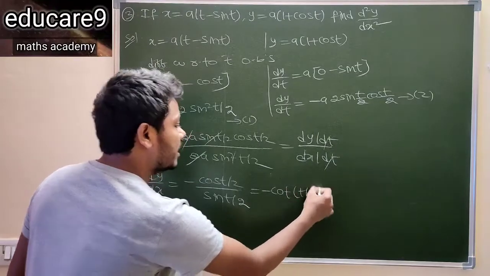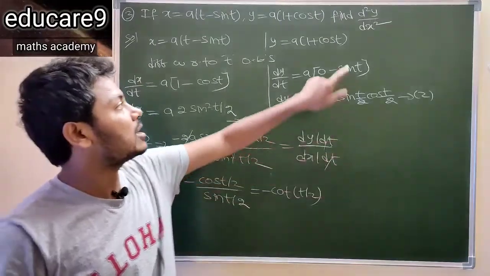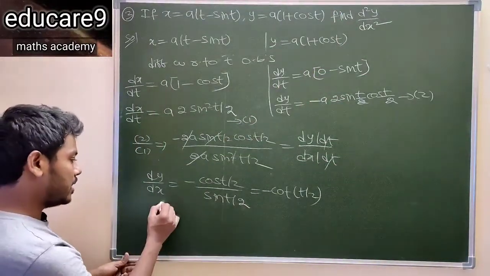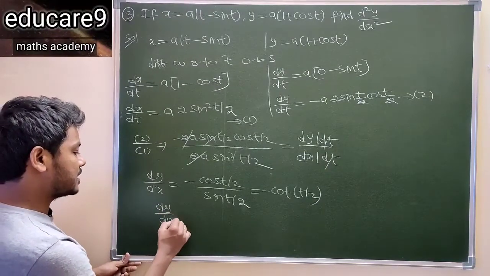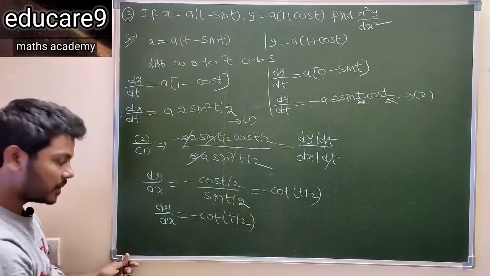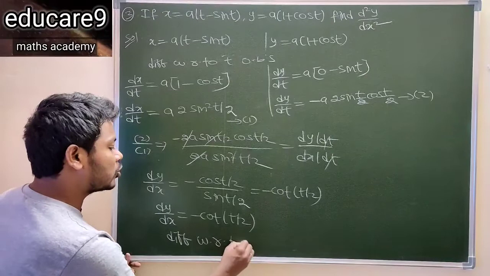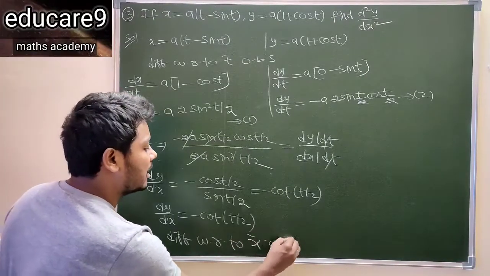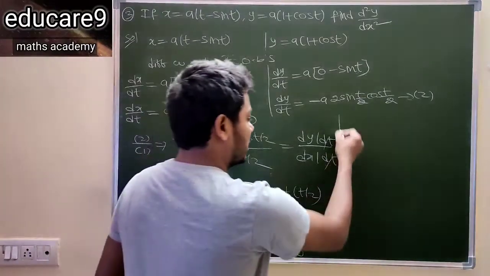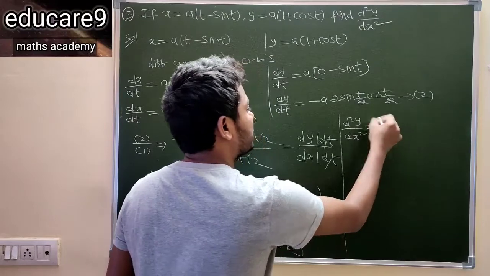Again differentiate with respect to x, because we need to find d square y by dx square. Here dy by dx is equal to minus cot t by 2. So differentiate with respect to x on both sides. Now this is d square y by dx square.